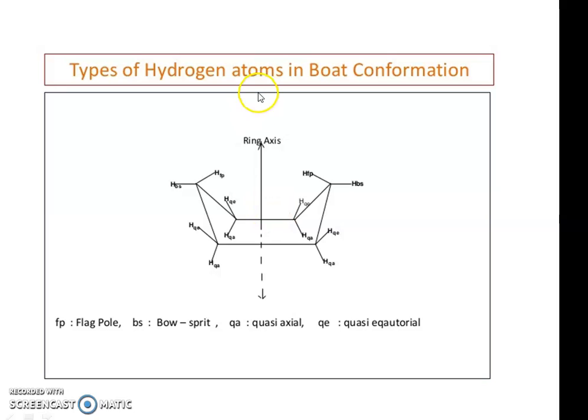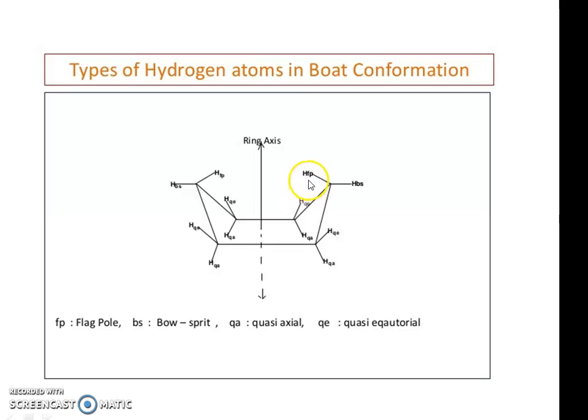So here, this is the ring axis, and we can say the types of hydrogens here, and they are named with all these types. Accordingly, FP means flagpole hydrogen.